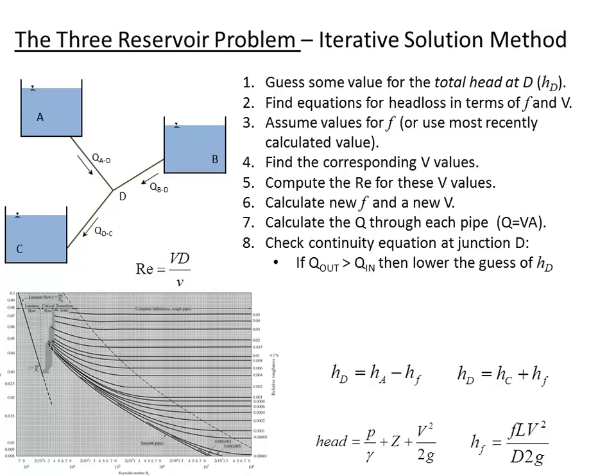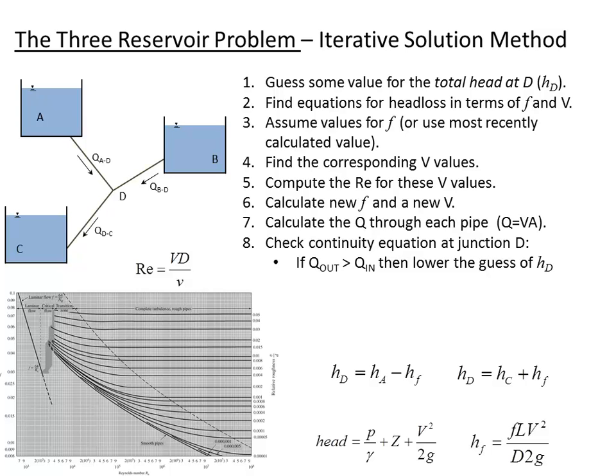And if the flow rate out of the junction is greater than the flow rate in, what that means is that the guess of how much head is here is too high. Because if the amount of head at D is too high, that's going to be sending water really fast towards C. There would be a big driving force.